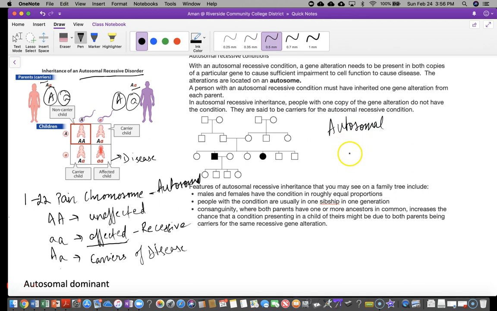Compared to sex-linked inheritance, whenever you have autosomal inheritance, you're going to observe that it's common among both male and female. So there's no bias towards one gender. Both male and female get affected by these diseases, or can be affected. They don't have to be, but both of them can be affected.